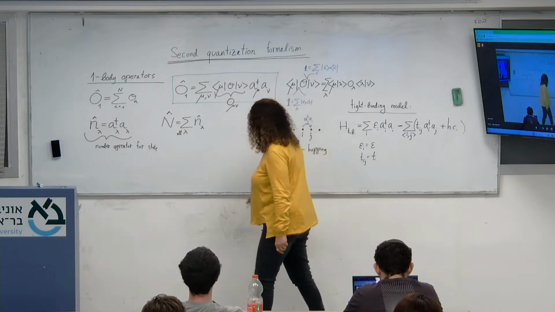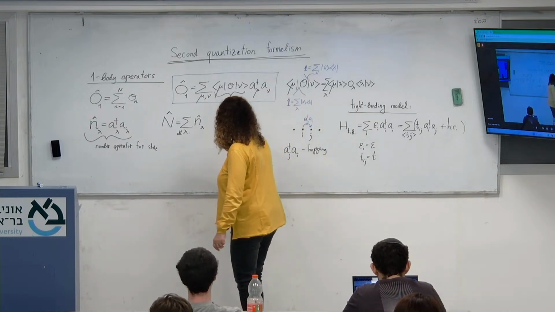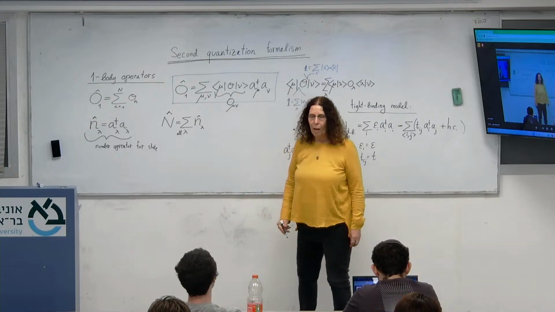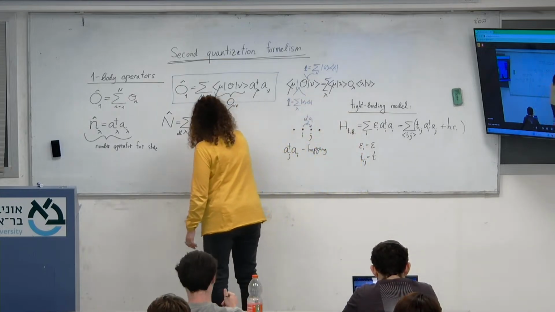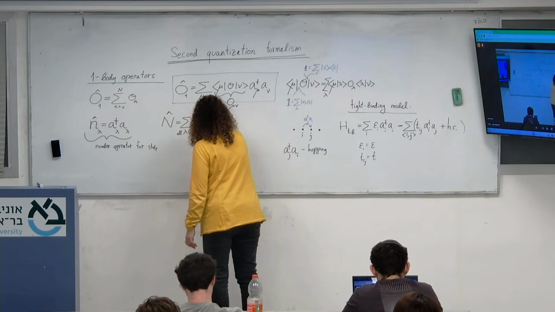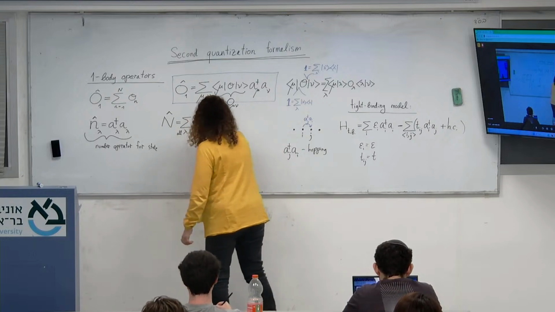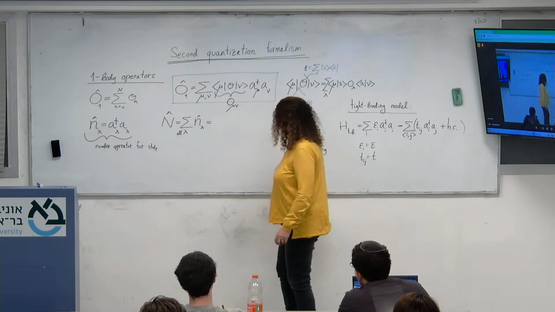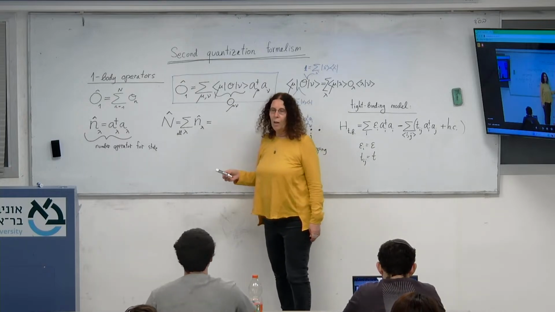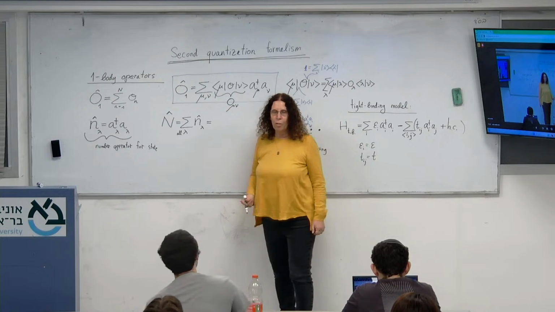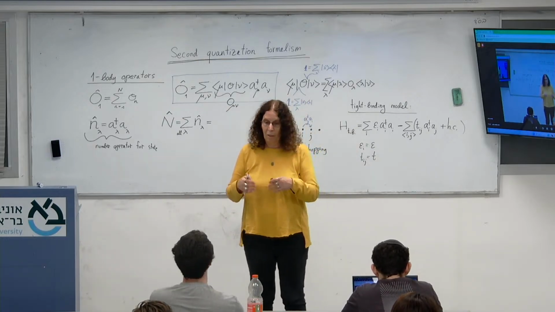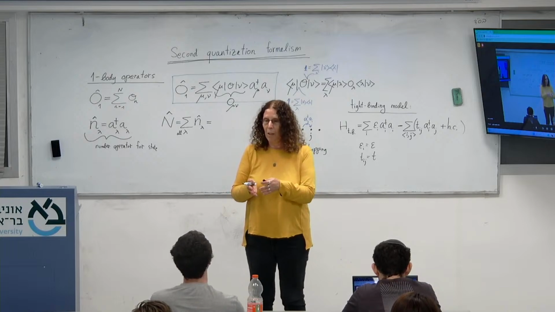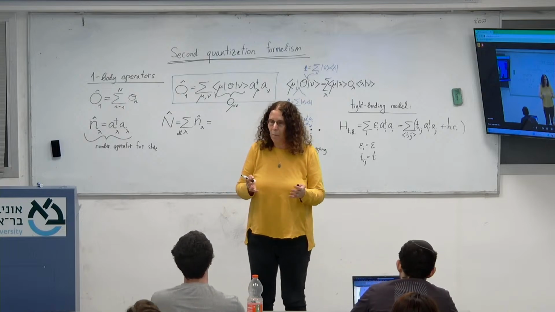And changing a basis from lambda to R, you can actually prove that the change of basis keeps it diagonal, in a sense, because you sum over all the quantum numbers.